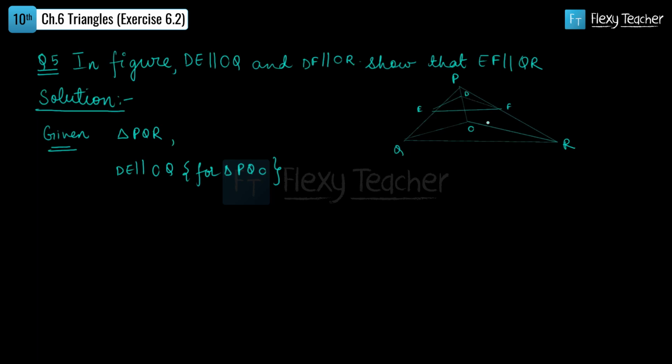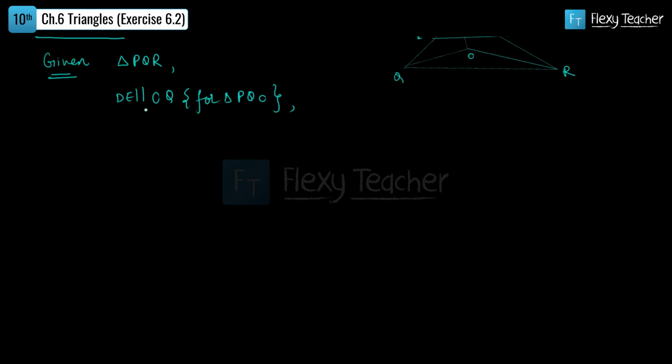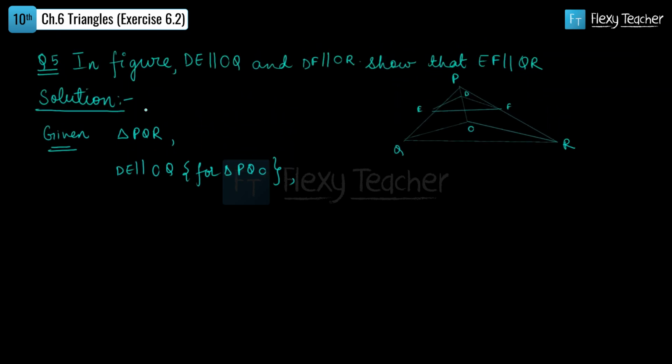Okay, now let us also see, we are also given that DF is parallel to OR. ओके, ये गिवन ही है अभी तक हमारा, हम गिवन पे ही हैं. We are also given that DF is parallel to OR. Now let us see DF and OR, the lines which are parallel, belong to which triangle? This belongs to triangle PQO, this belongs to triangle PRO.